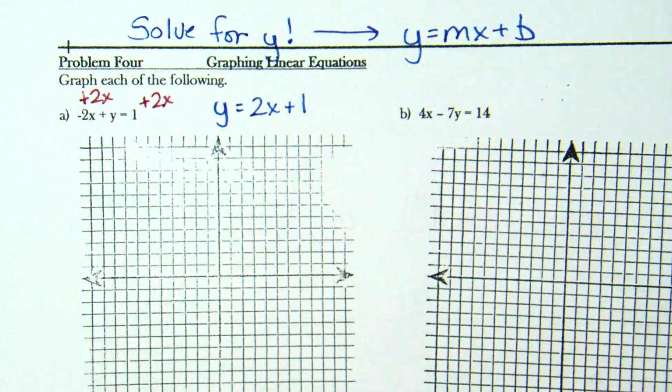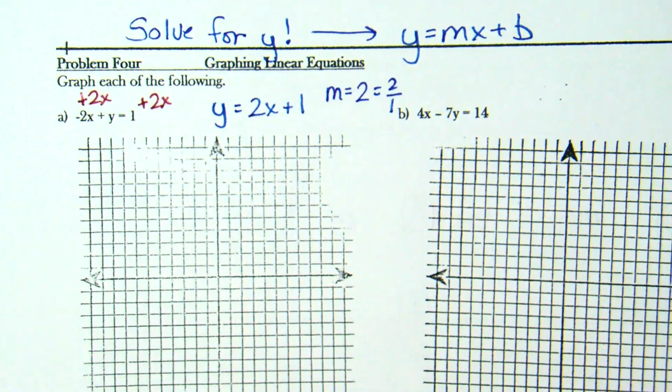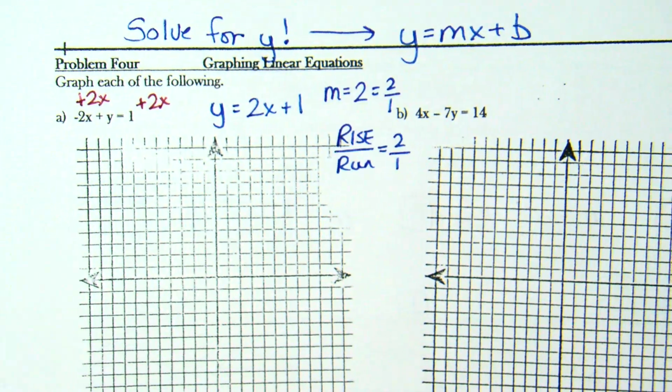Speaking of, what is my slope? 2. Now, I'm talking graphing. So 2 as a fraction is 2 over 1. And I say that because what is the phrase I'm going to use with that 2 over 1? Rise over run. So that means when I graph this here in a moment, I will rise 2, run 1.